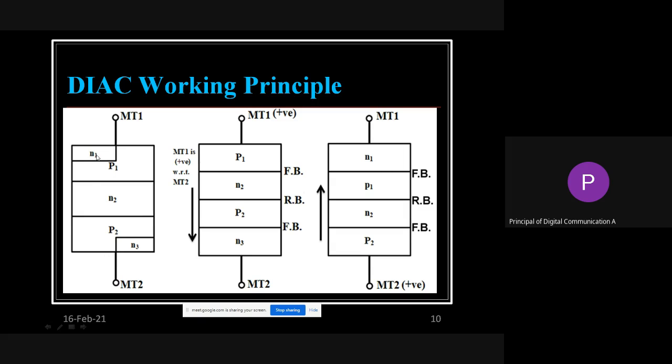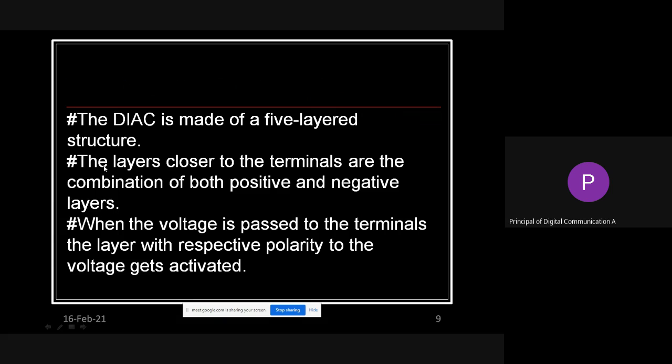So this is the concept of the construction during the manufacturing of this diac. So N1, P1, N2, P2, and N3. Like this, the 5-layer analogy is there for this diac, and MT1 and MT2 are the terminals. So it is written over here.